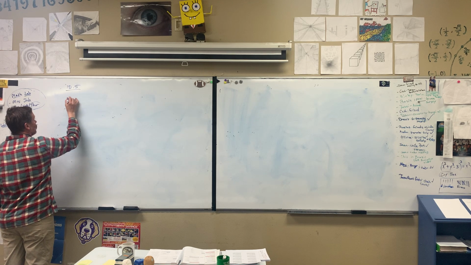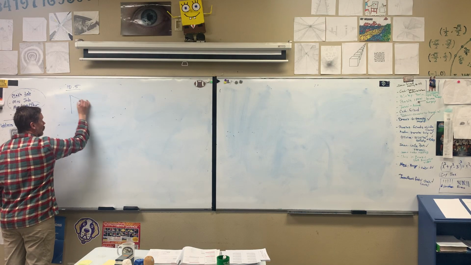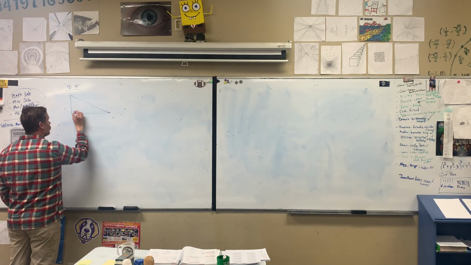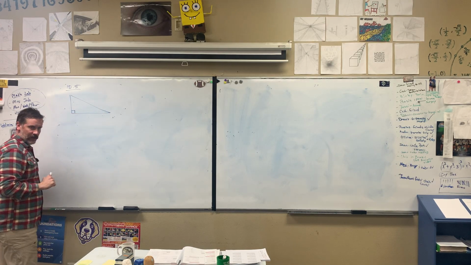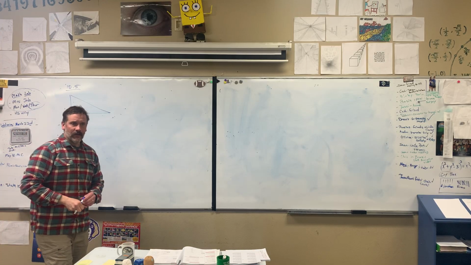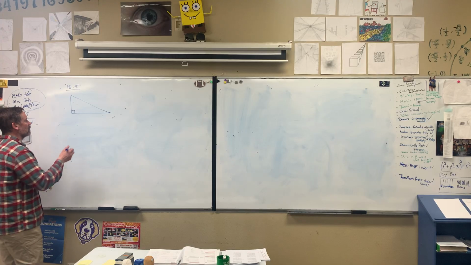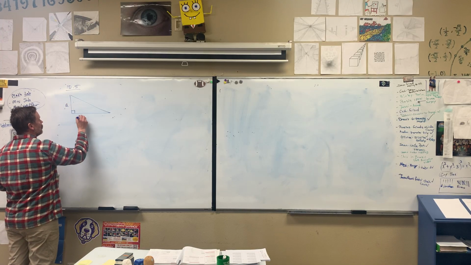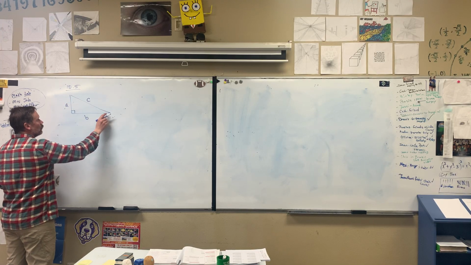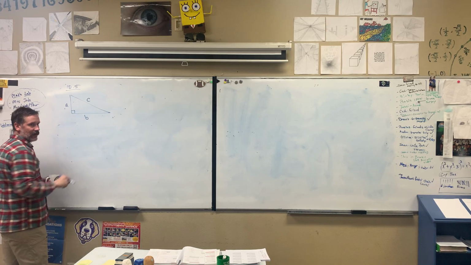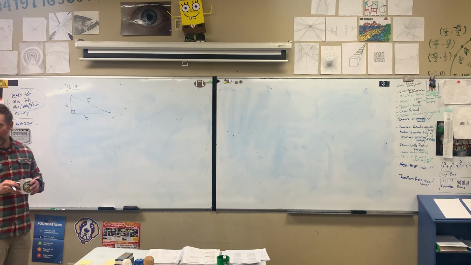10.5 Pythagorean theorem. It works with right triangles only. So if we drew a right triangle and we made that a 90-degree angle, we've seen that symbol. Then typically they label the sides as A, B, and then C. Anybody know the side opposite of the 90-degree angle? What do we call that? The hypotenuse.